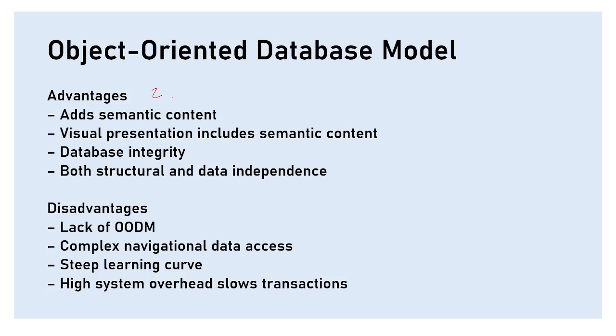Semantic content is like symbols, like words, graphs, and other representations that are used to represent the real world thing, a more graphical representation kind of thing. So this object oriented database model has such information available.